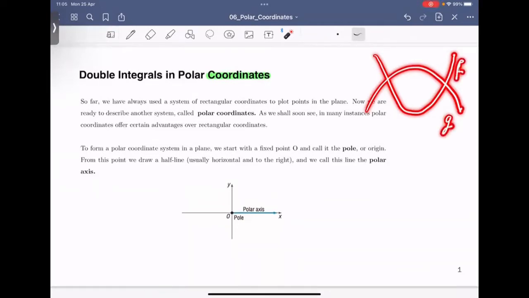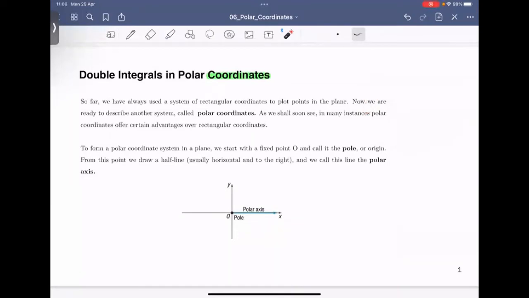When you want to find the double integral over this area, you can draw a vertical line, so you're trying to do dy dx, or you can do dx dy if you want to, so it's going to be the horizontal line. But some regions are not good for either a vertical line or a horizontal line.